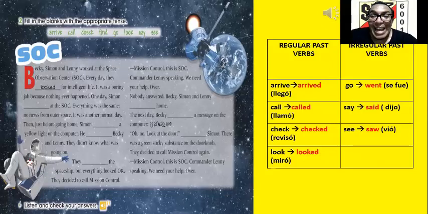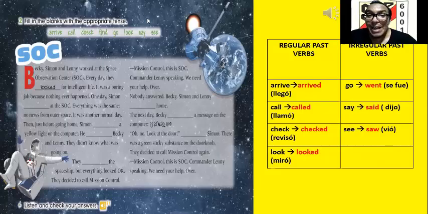Okay, I hope that you put all the verbs. For example, here was completed. Aquí ya fue completado la palabra looked, que significa miró, right? Okay, también por favor me mandas las evidencias de esta parte. Yes? Okay, now go for example in the next part. Look at please here.